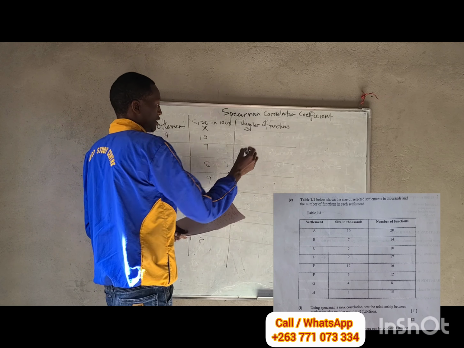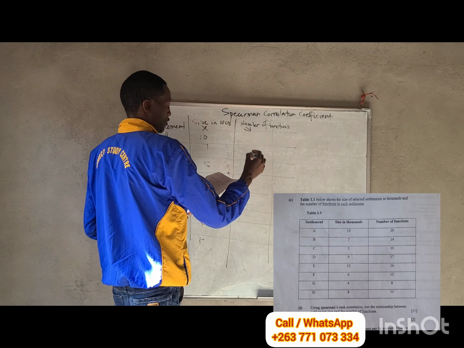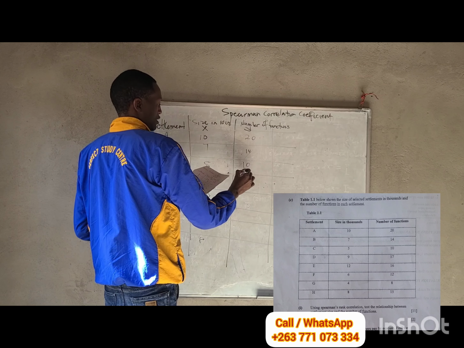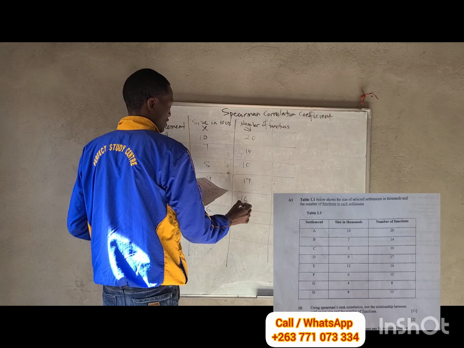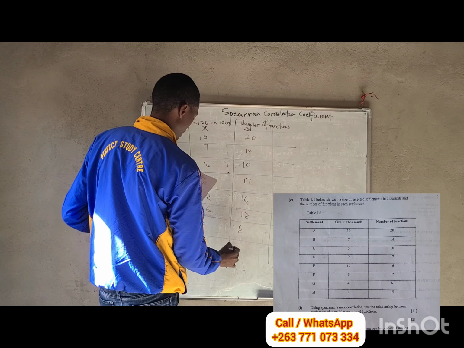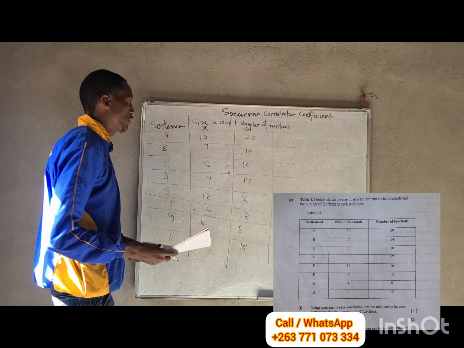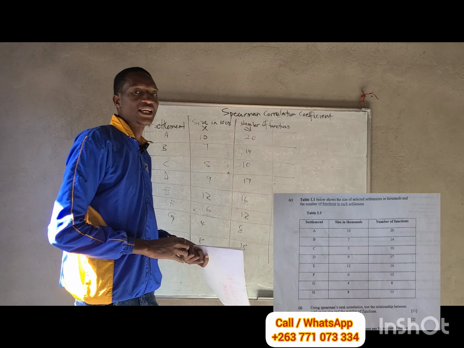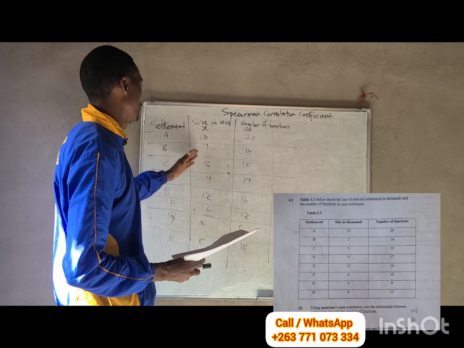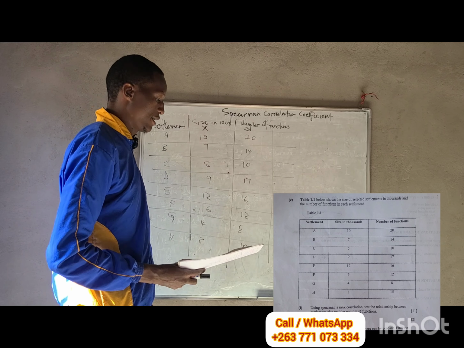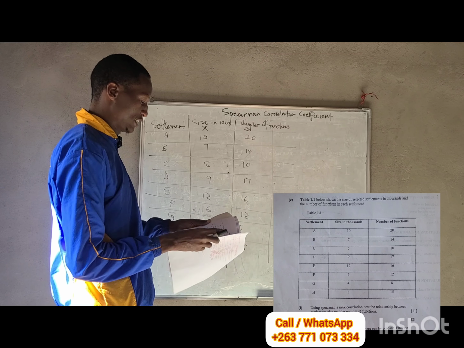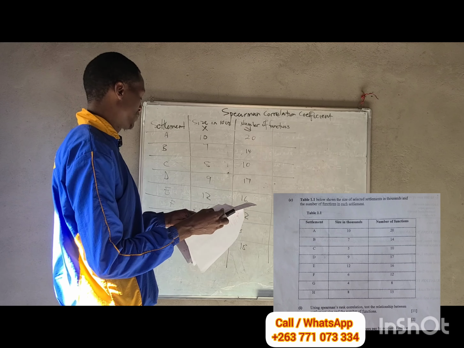Then in terms of Y, we have 20, 14, 10, 17, 16, 12, 8, and last 15. As you can see, guys, these values are provided in their order according to our question paper.